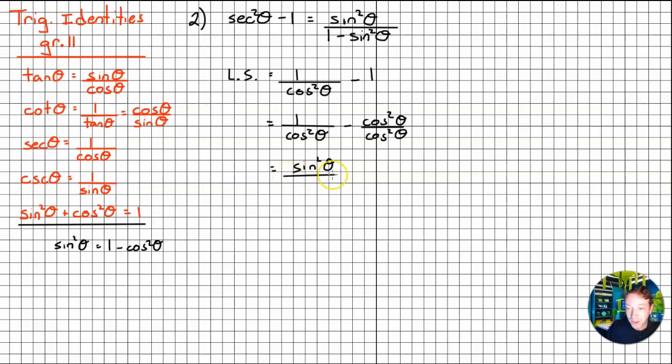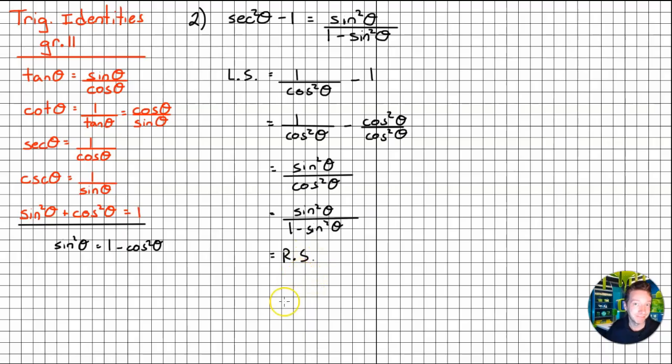And then on the denominator, we just have cos squared theta. But cos squared theta, using the same identity, we can rearrange that to be equal to 1 minus sine squared theta. So we are left with sine squared theta over 1 minus sine squared theta, which is equal to the right side.